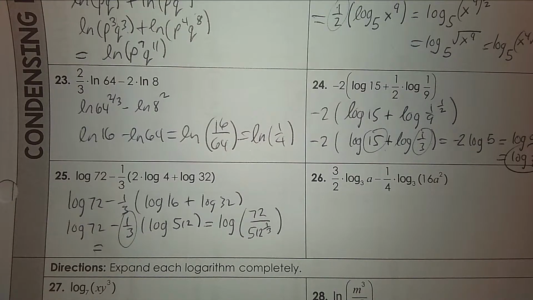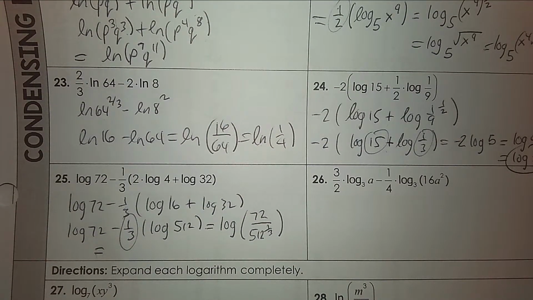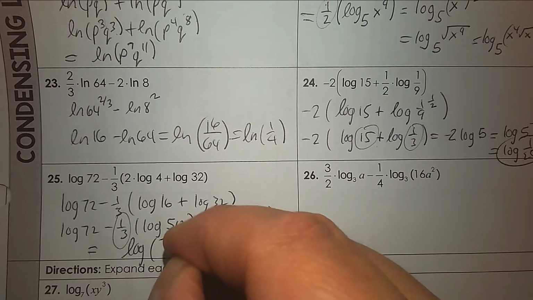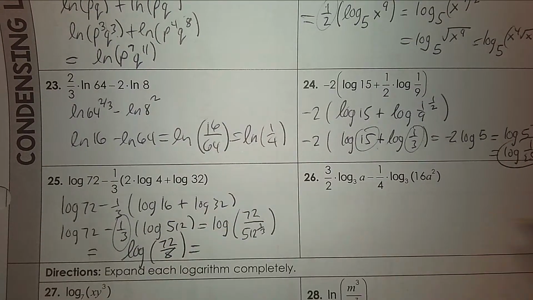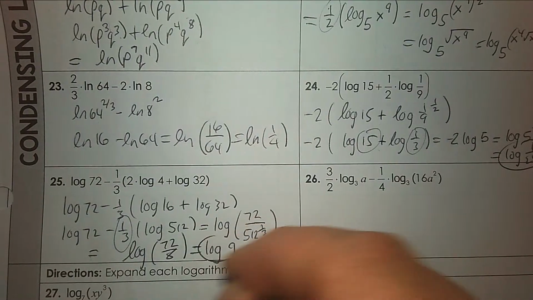I know. That's big, right? 8 times 8 times 8. I know. So that's 72 divided by 8. That means this answer is just log 9.